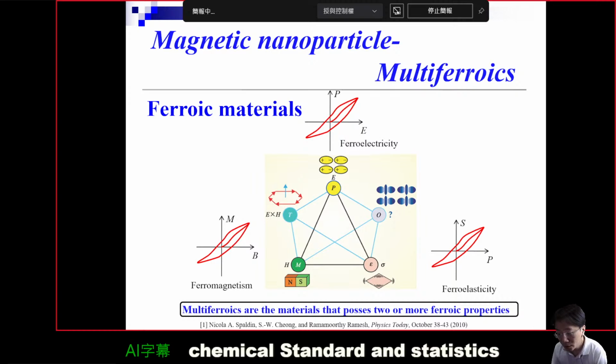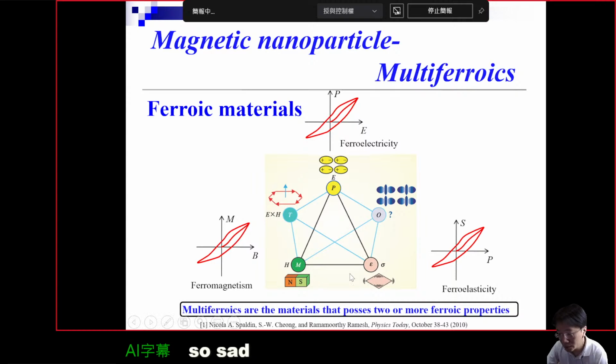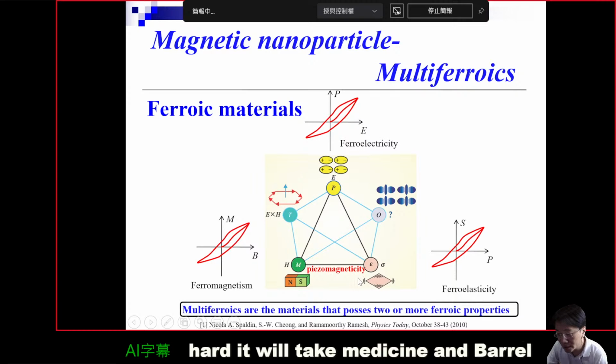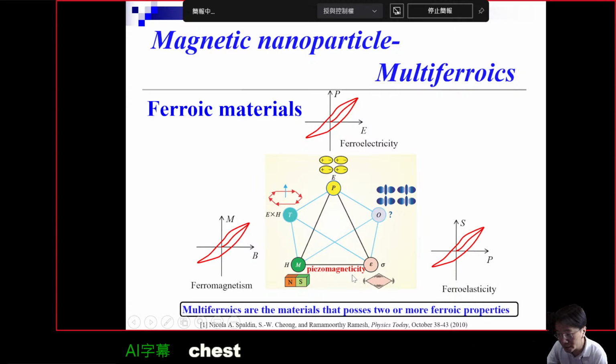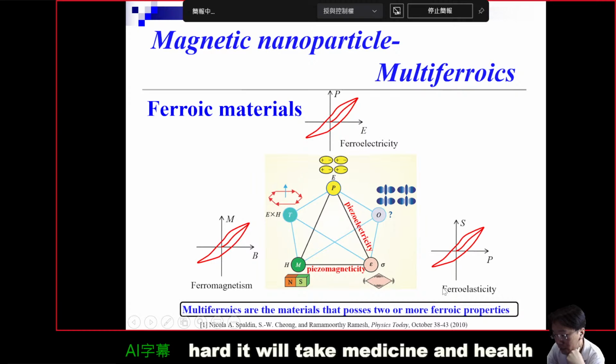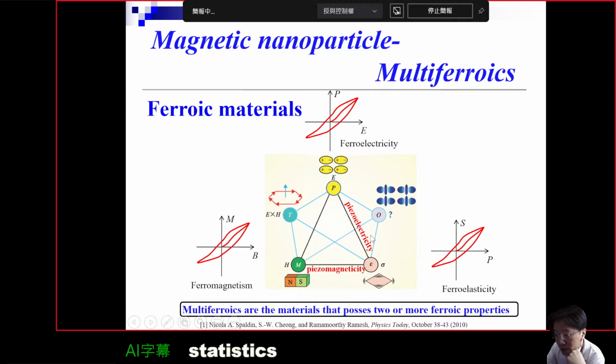So if in a material we have both ferromagnetism and ferroelasticity, this kind of material we call piezomagnetism. And for the material that contains ferroelectricity and ferroelasticity, this kind of material we call piezoelectricity.